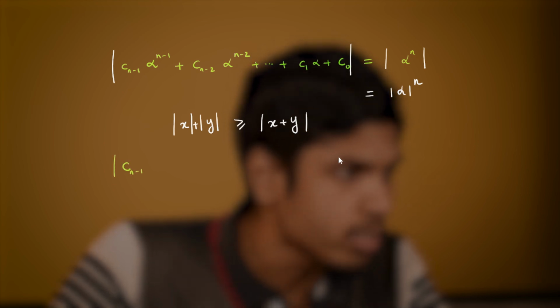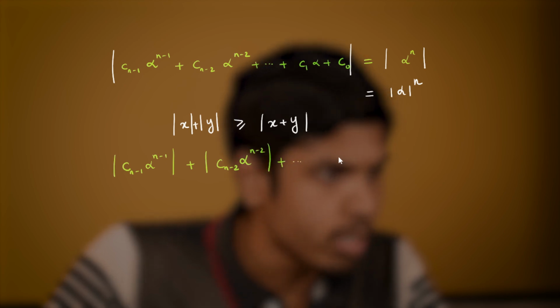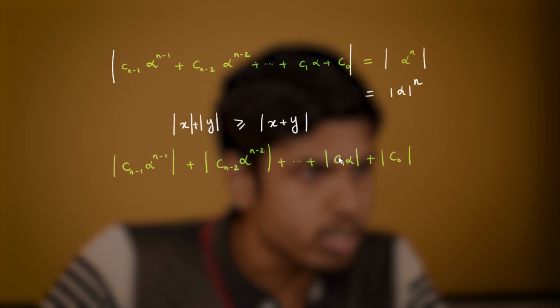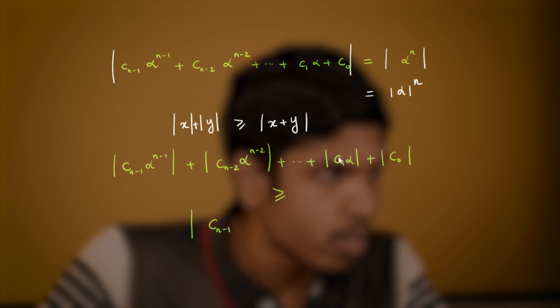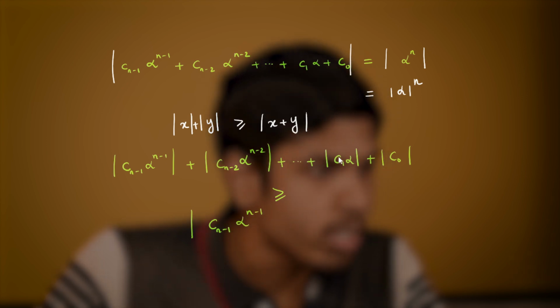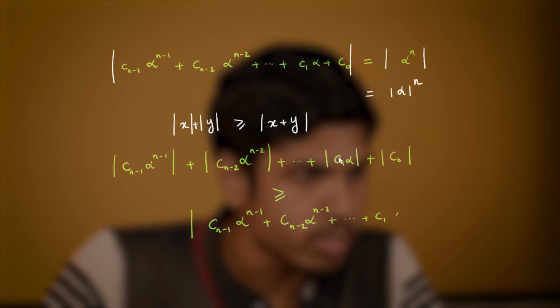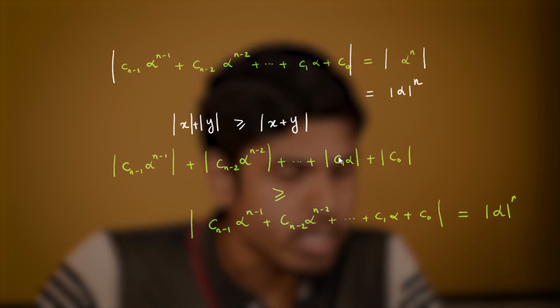So mod of c_{n-1} alpha^{n-1} plus mod of c_{n-2} alpha^{n-2} till mod of c_1 alpha plus mod of c_0 is greater than or equal to the actual LHS of the equation that we arrived at, c_{n-1} alpha^{n-1} plus c_{n-2} alpha^{n-2} till c_1 alpha plus c_0. But we know that it is equal to mod alpha^n. So let's have that in mind.